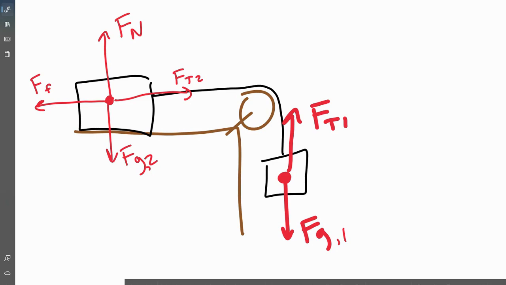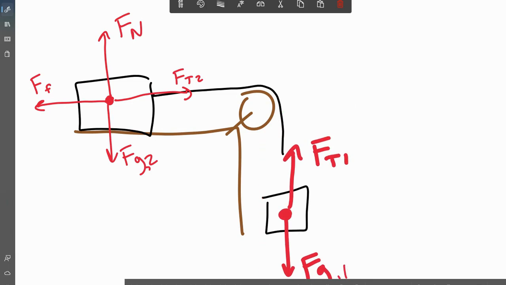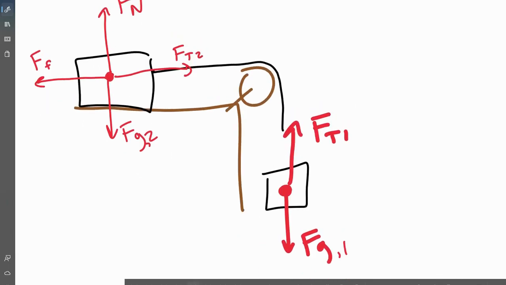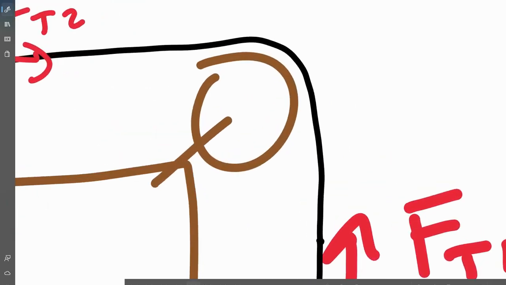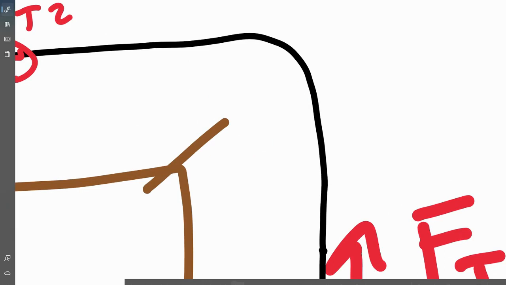Here is now something that's different about all this. I'm going to give myself more space here by moving these down a little bit. Connect the rope. What's different is if we zoom in on this pulley right here. I will draw you a better picture.